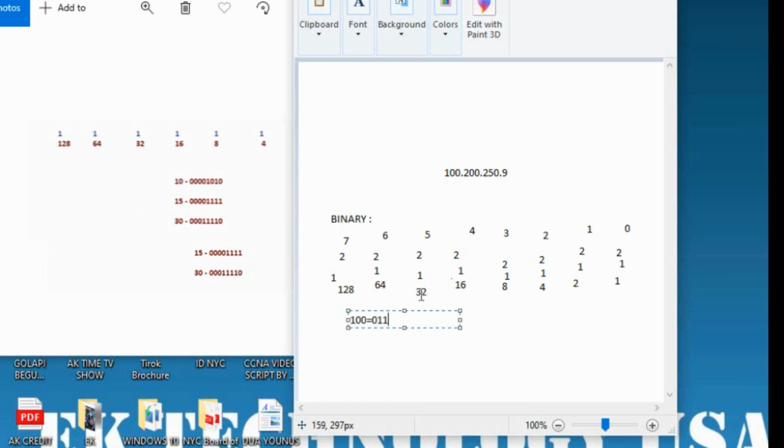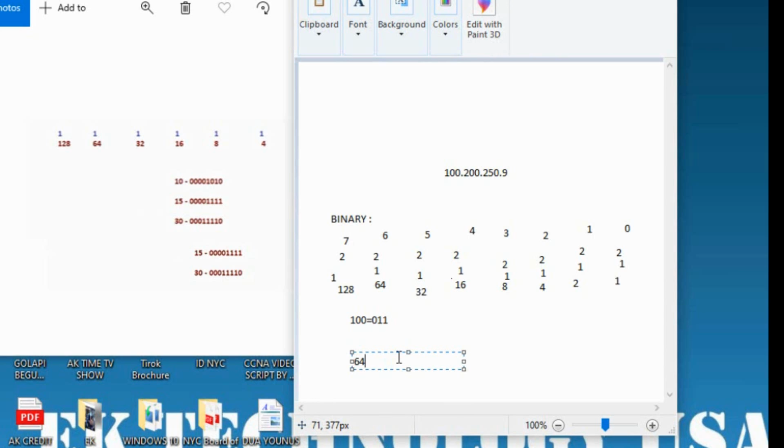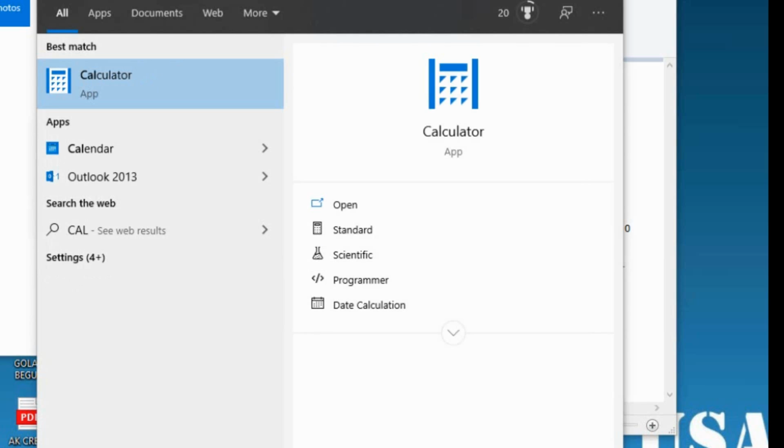So 64 plus 32, we have these two values.